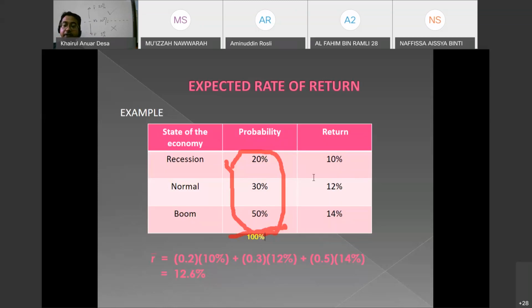The return depends on the state of the economy given by the question.